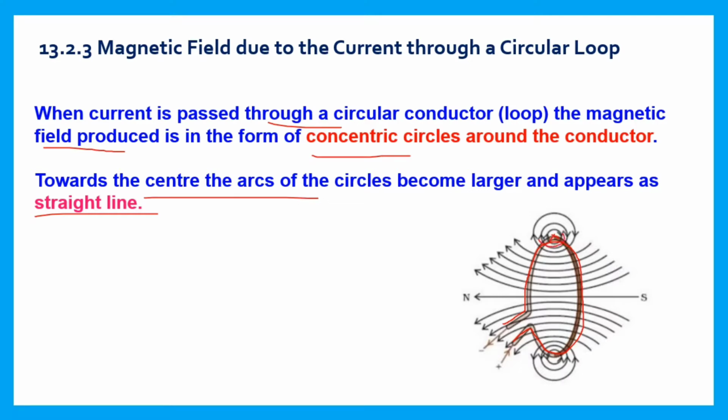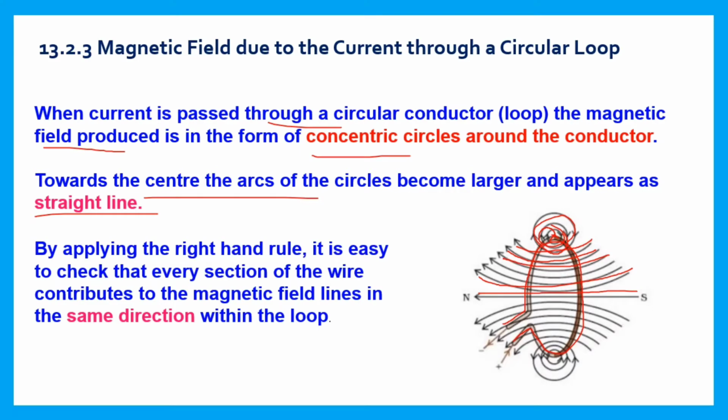As we go towards the center, these lines of magnetic field become larger, larger and larger, and at the center it becomes a straight line. This is the straight line, right?